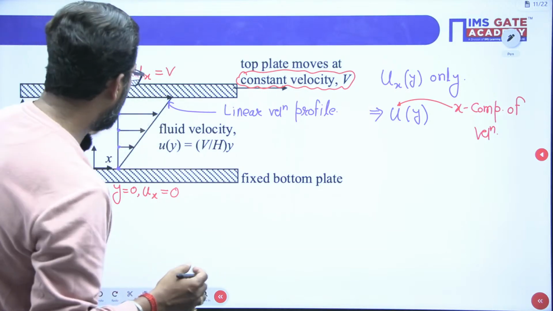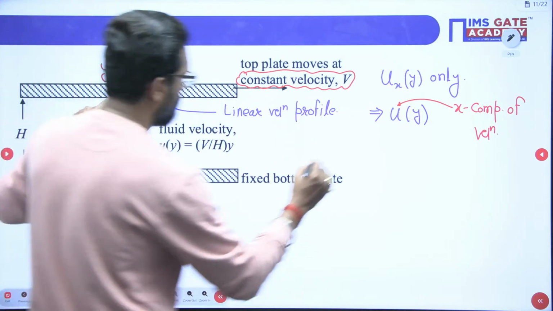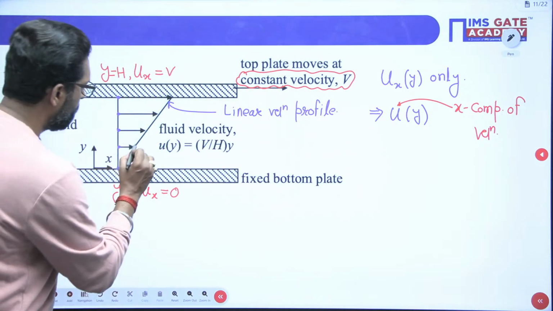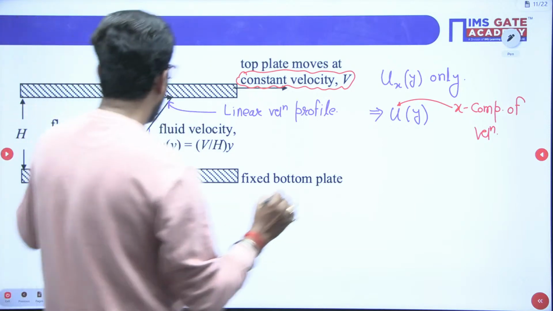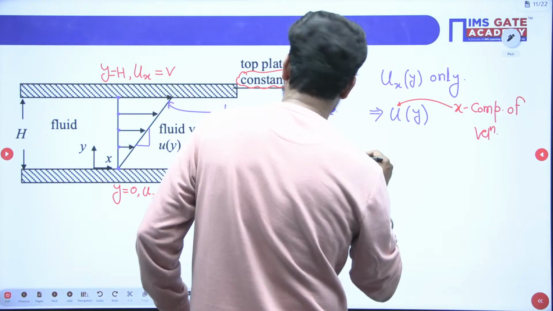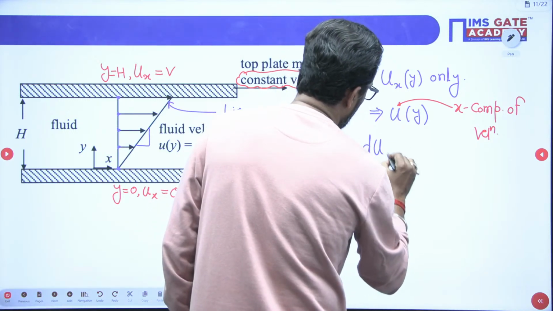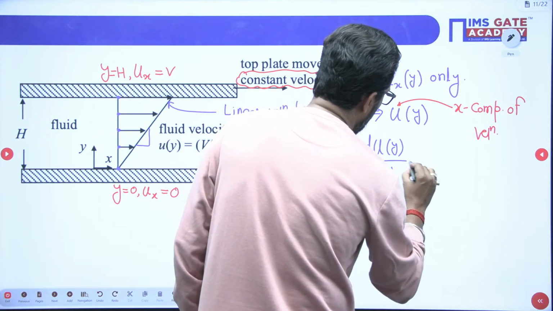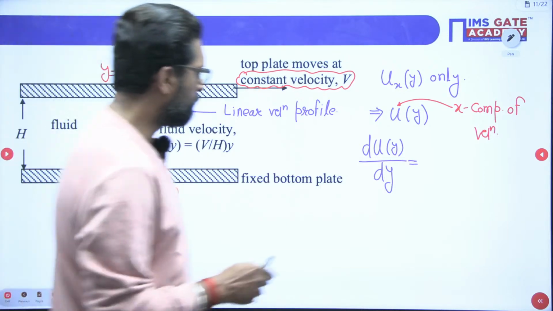Now, if you apply proportionality, the slope is the same, no? This line slope is the same. Why? Because this is linear. So if you find du by dy, this is a slope. How to find du?